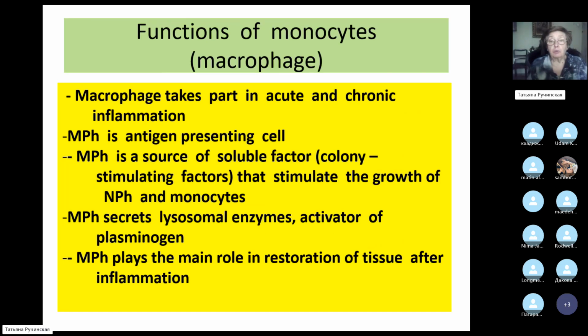Now, this is about monocytes. When a monocyte comes out from the vessels, we name it a macrophage. At first, macrophages take part in acute and chronic inflammation. Macrophages come to the zone of inflammation after neutrophils.